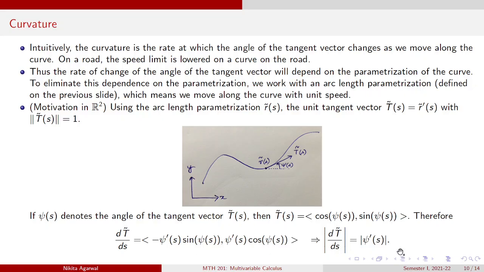So when you differentiate T tilde with respect to s and take its norm, it's nothing but the absolute value of the derivative of psi, which is how the angle is changing. And this gives us inspiration to give the definition of curvature.